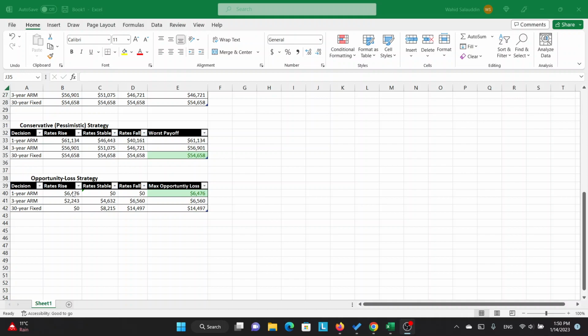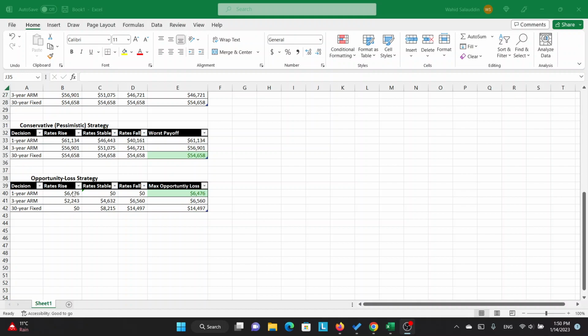So we are going to see, if the rates rise, what is the maximum difference we have to pay among the three decisions.